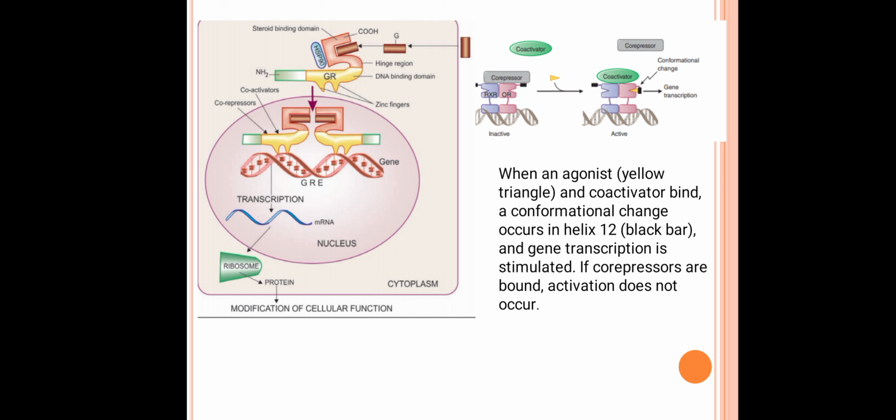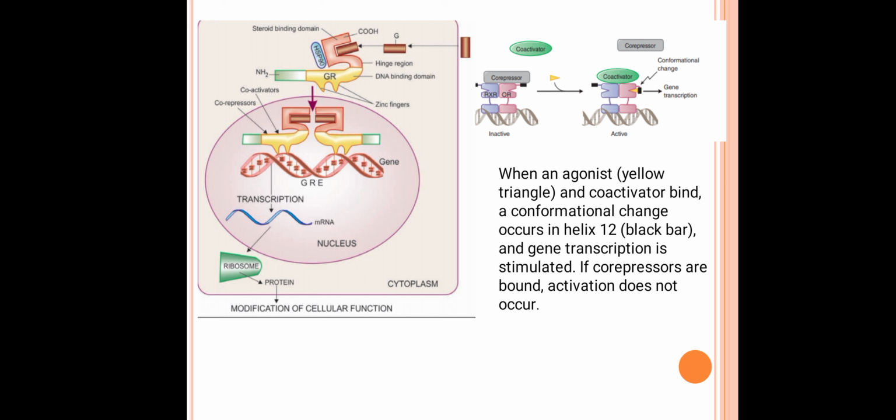With the help of the hinge region, the receptor is going to come inside the nucleus, and once it comes inside the nucleus, what happens? With the help of the hinge and the DNA binding domain, it will undergo dimerization, and once it undergoes dimerization, co-activators and co-repressors will bind to the AF2 region.